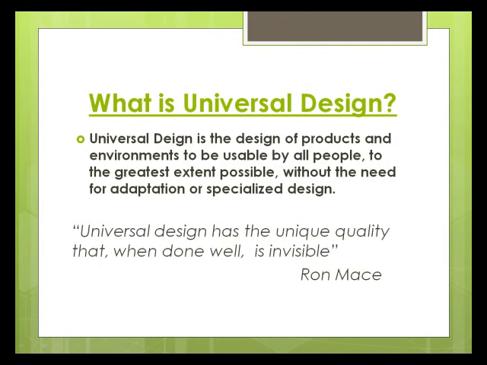What is universal design? Universal design is the design of products and environments to be usable by all people to the greatest extent possible without the need for adaptation or specialized design. Quote, universal design has the unique quality that, when done well, is invisible. Ron Mace.